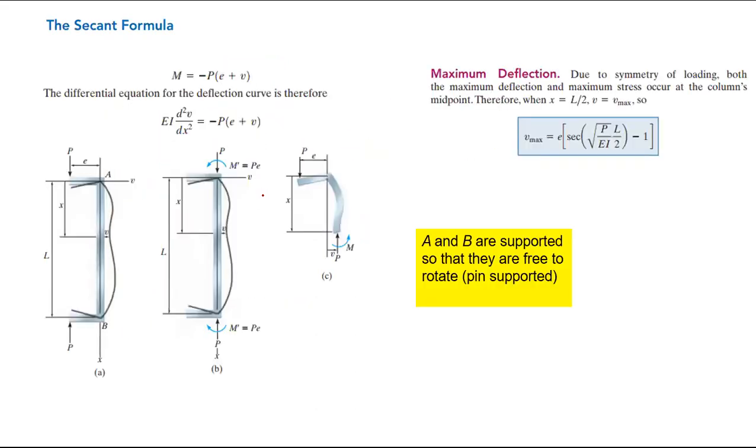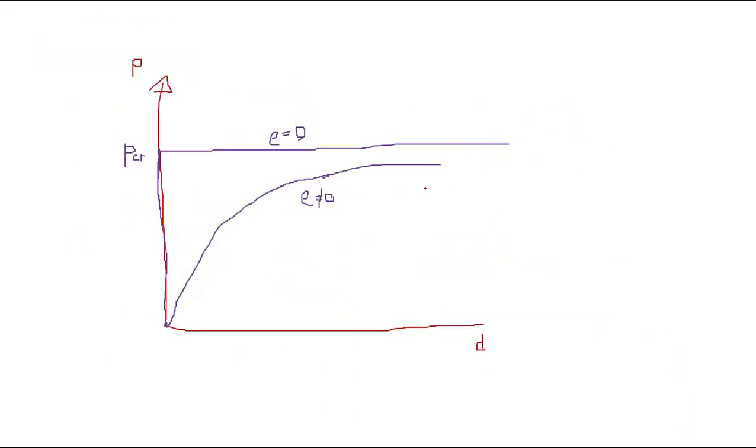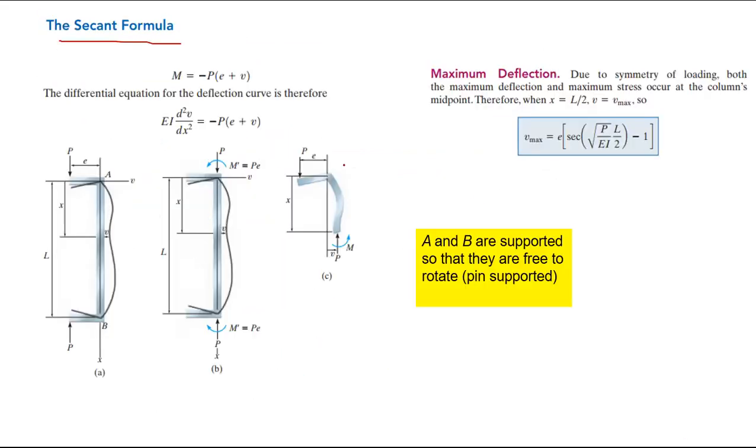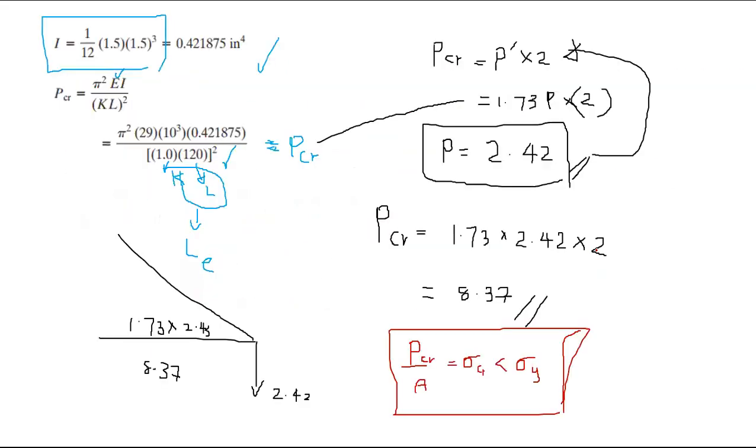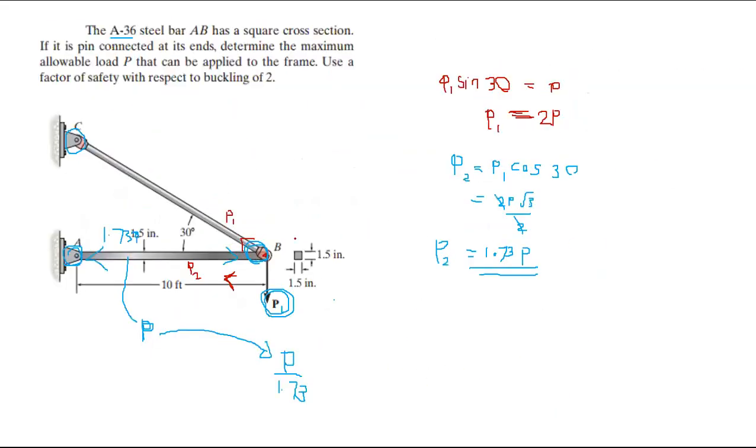If the load is not exactly along the middle, we have the secant formula, as I explained here. When the loading is just applied, it will have a deformation, unlike the Euler assumption. So this will be the actual scenario, and in that case, you can calculate the maximum deflection using this equation. You need to work out these problems to understand this. We did one example.